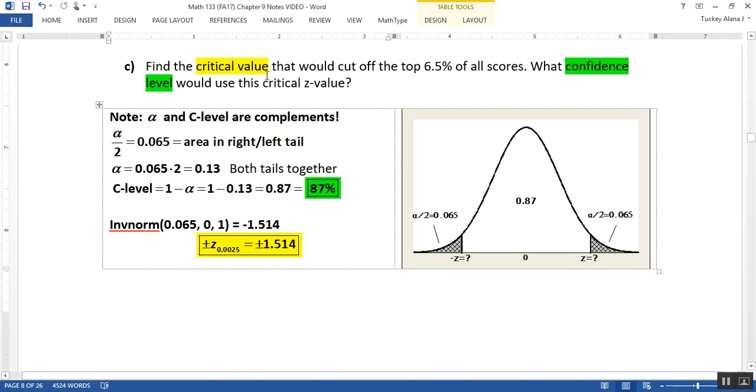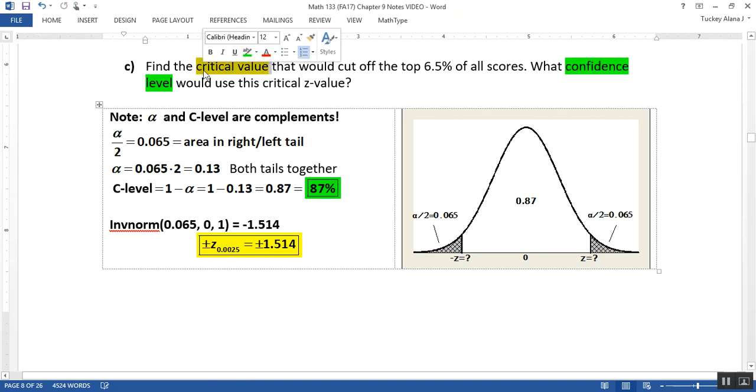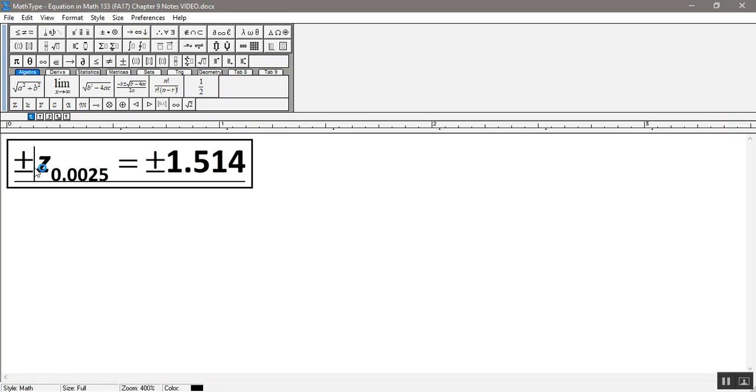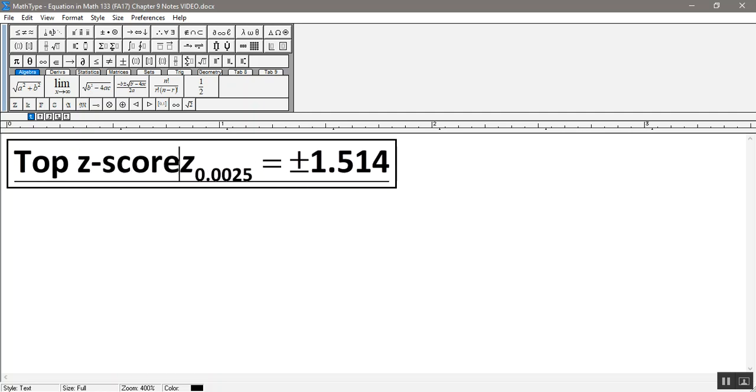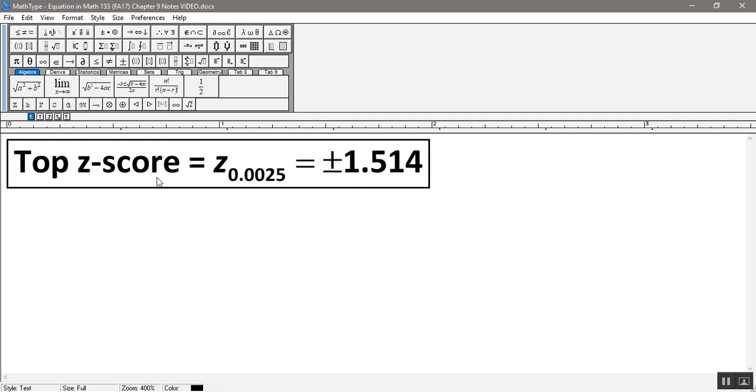They really wanted the top one because they asked for the critical value that would cut off the top 6.5%. So they're really only looking for that positive one on the top, which is the z-score they're interested in, which is z.065, which is positive 1.514.